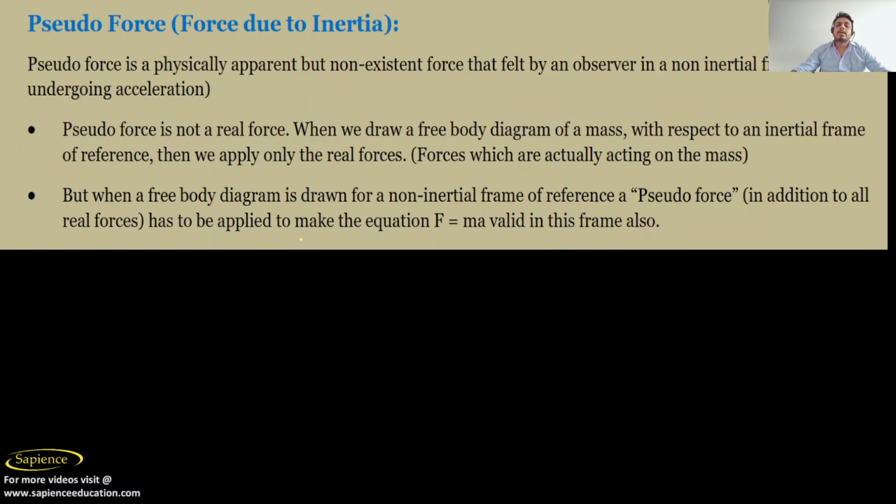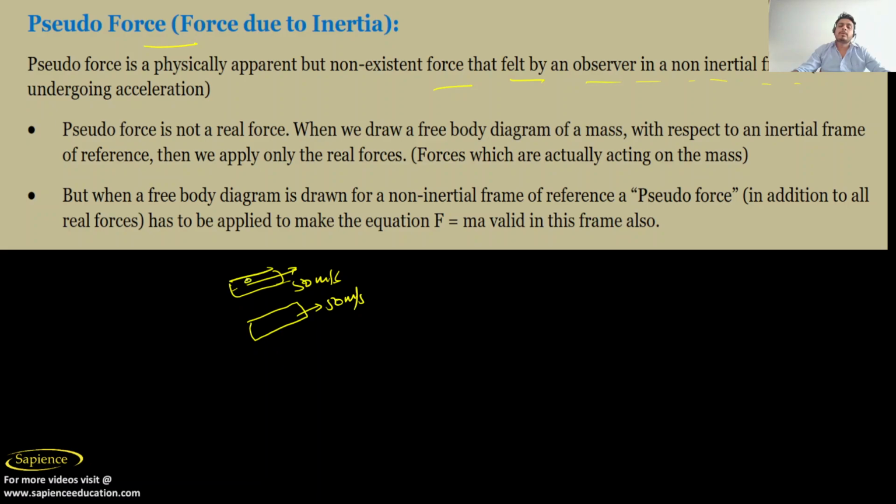Now the very important thing is pseudo force, the concept of pseudo forces. Pseudo force is a physically apparent but non-existent force. It actually does not exist but is felt by an observer in a non-inertial frame. For example, you are sitting in a train and the train's speed is 50 meter per second, and another train has the same speed, 50 meter per second.